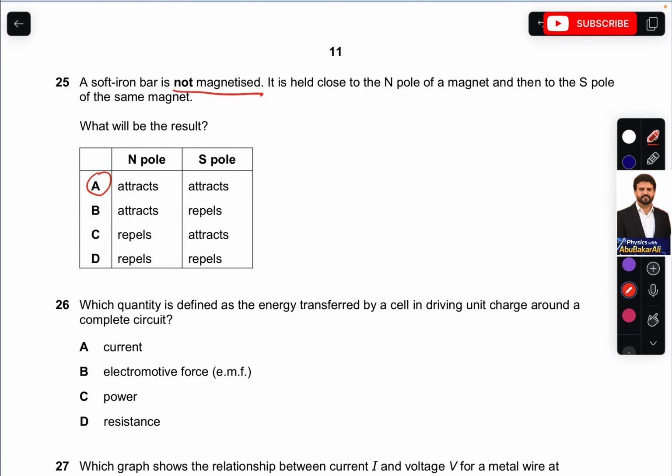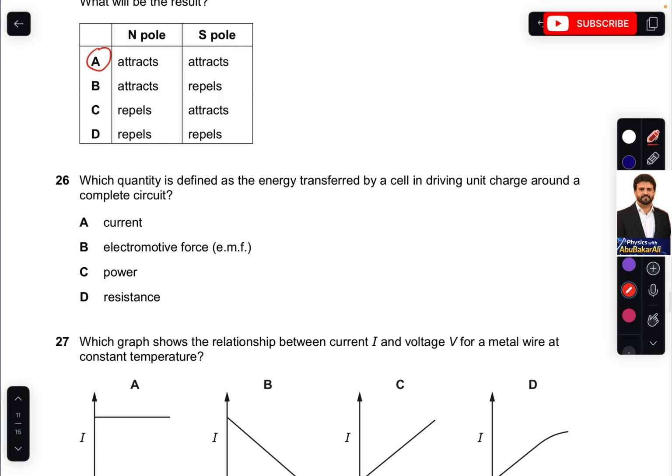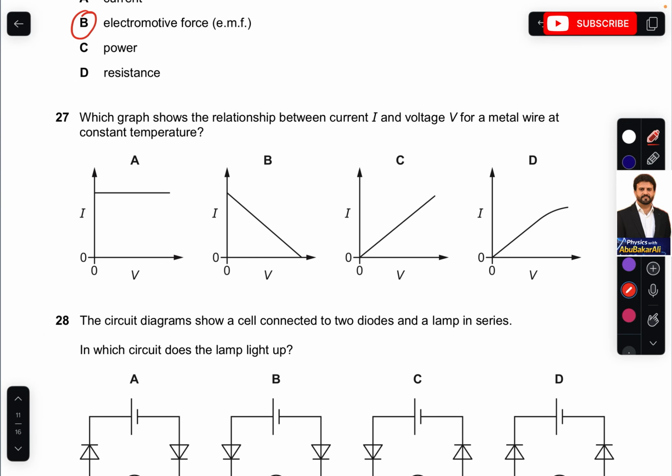Okay, it's A. Which quantity is defined as the energy transferred by a cell in driving unit charge around a complete circuit? This is the definition of EMF. Which graph shows the relationship between current and voltage for a metal at a constant temperature? That is important. Constant temperature means R will remain constant.